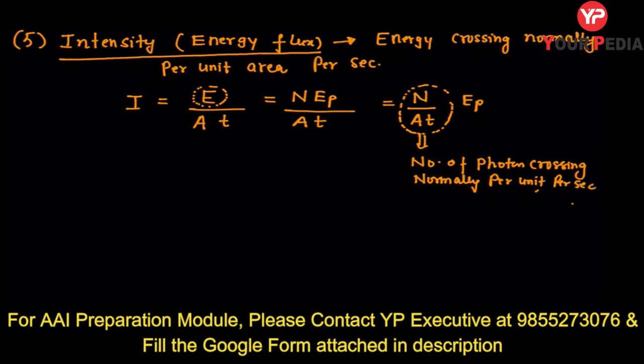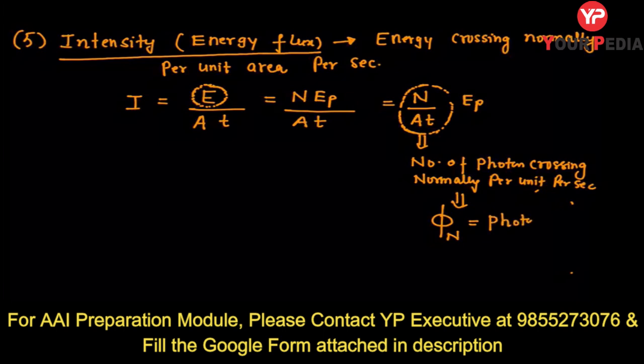It will tell what is the number of photons per unit area per second required to carry this energy. If this is the energy crossing normally per unit area per second, definitely that is carried in the form of photons. So there will be a number of photons crossing that area per unit time. So this is that number. This we define, student, very important, as photon flux. Phi n represents photon flux.